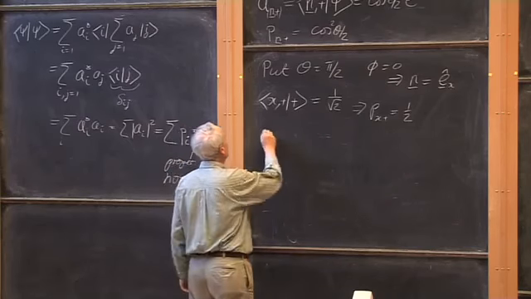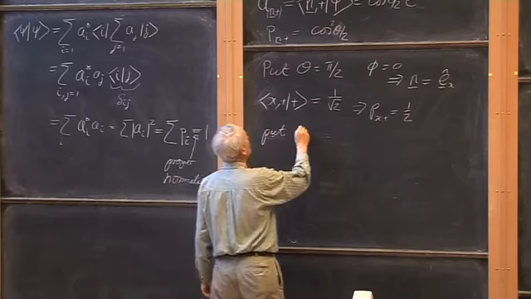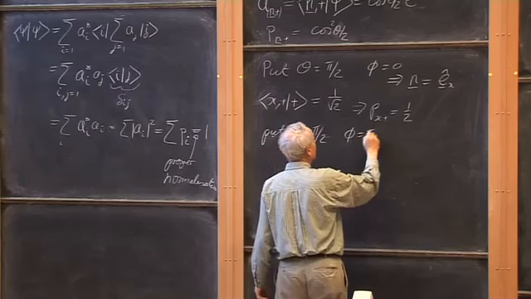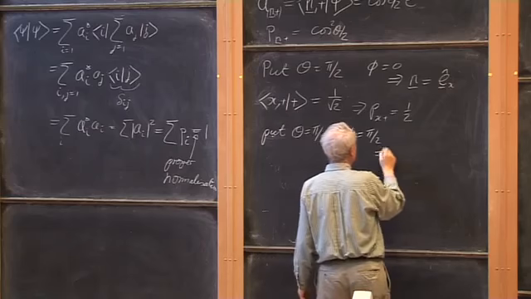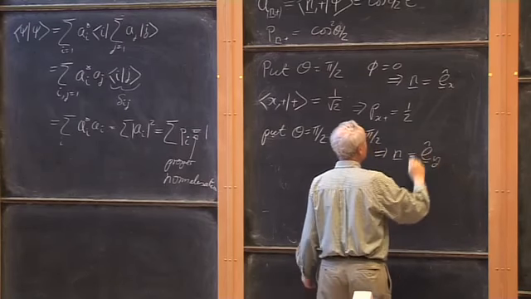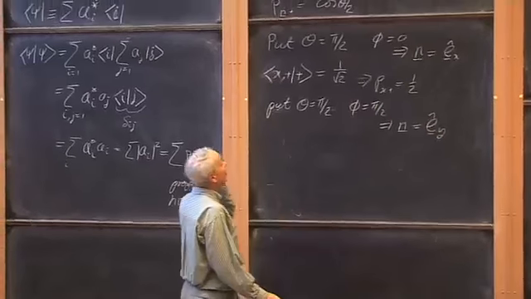Let's put theta equal to pi by 2 and phi equal to pi by 2. That implies that n is equal to e_y, the unit vector in the y direction. What do we get then?